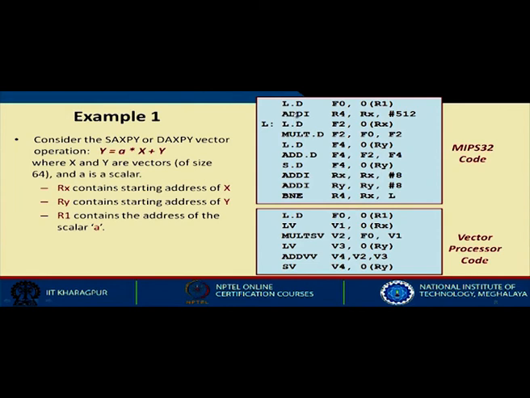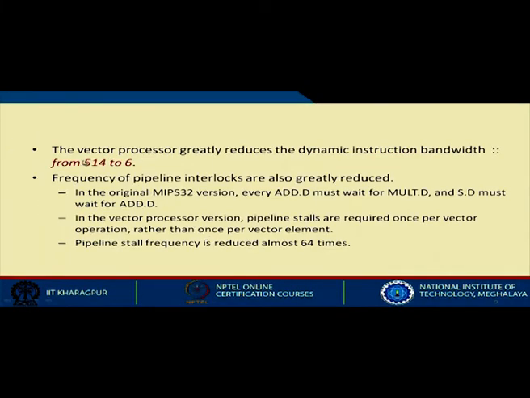So, 8 multiplied by 64 is how much? 512, and outside the loop there are 2 more instructions, 514, but here there are only 6. So, earlier 514 instructions were fetched and executed, now only 6 instructions will be fetched and executed. This is a great reduction in the instruction bandwidth.